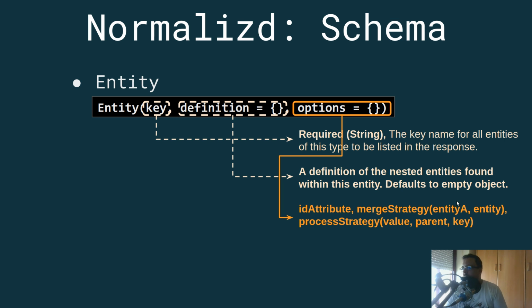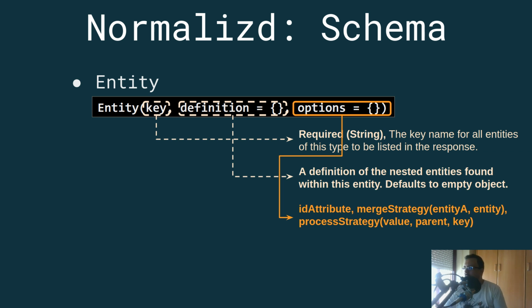And the options is an object that has ID attribute, merge strategy, and process strategy. I didn't want to focus on this very much because you have it in the documentation, but ID attribute is the attribute where unique IDs for each of this unique type can be found.